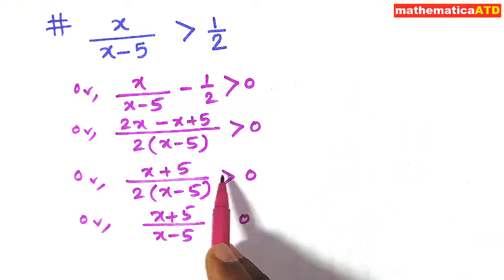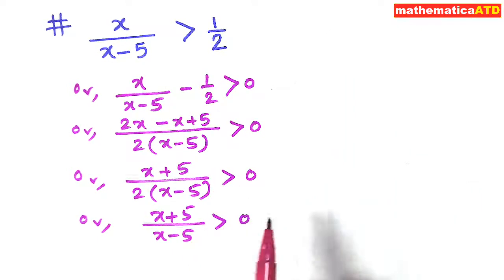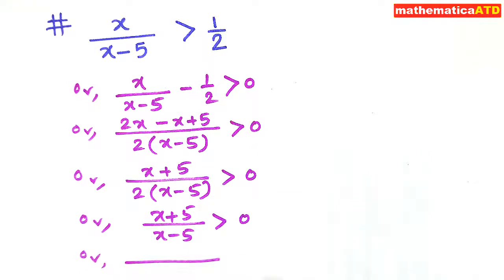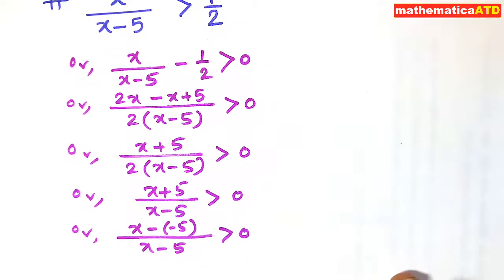This was a greater than sign, and after multiplication also this is again the greater than sign. Now friends, what are the critical points? We can write x + 5 in this way also, x - (-5), divided by x - 5, which is > 0. So the critical points are respectively -5 and 5.